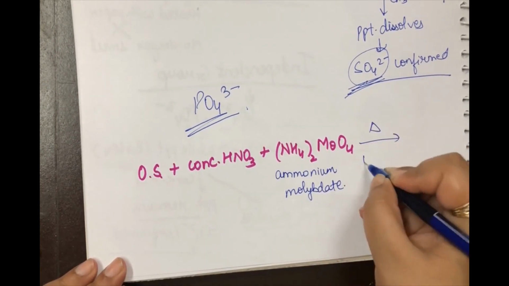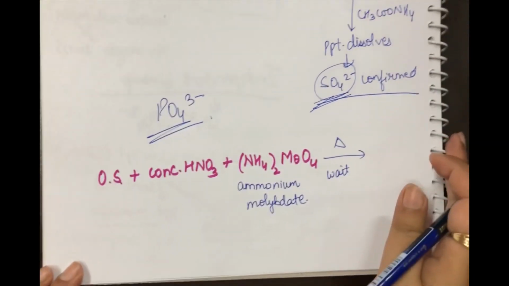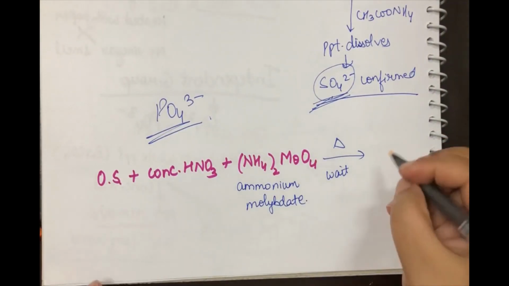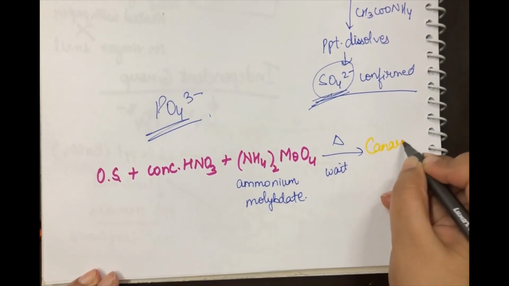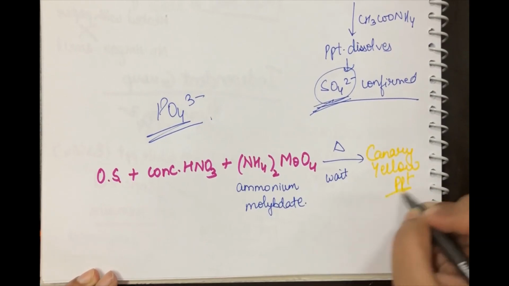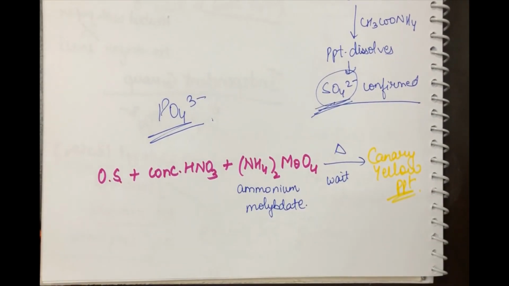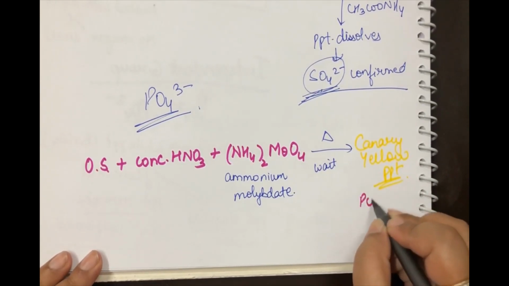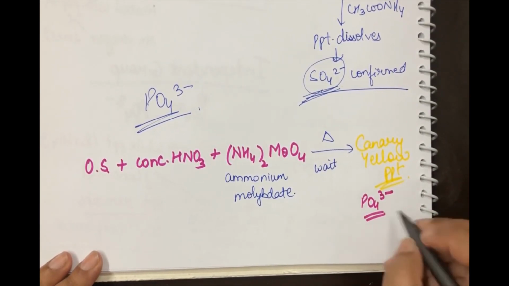We heat it and then we wait. Now, if there is a canary yellow precipitate, a beautiful yellow precipitate that appears, then we call it phosphate confirmed.